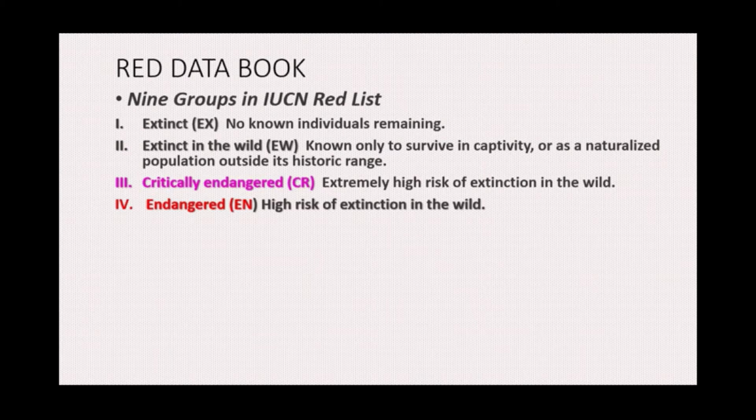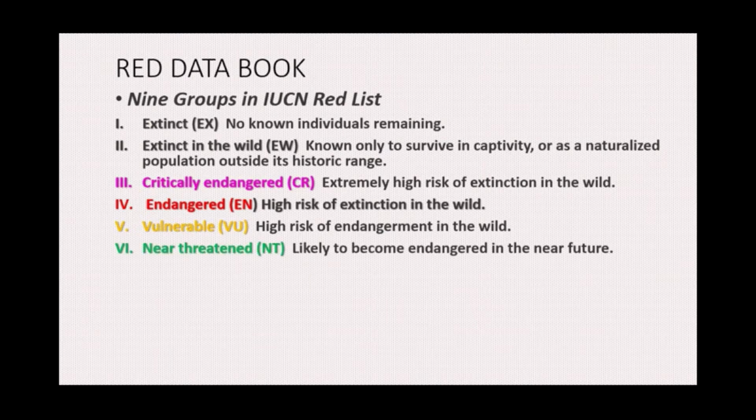These are also at high risk of extinction in the wild. Then the next group is the vulnerable group. Means these species are at a mid-range risk of extinction in the wild.